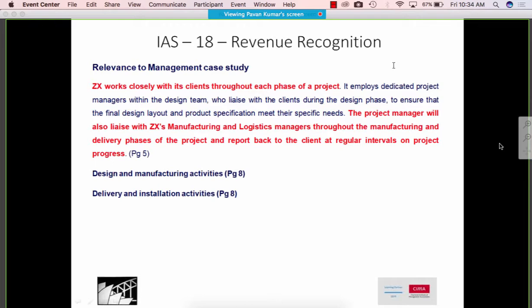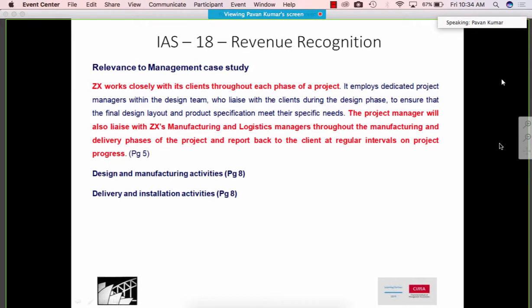Mohammed, if watch warranty is for 3 years, can we separate some portion from the watch and keep it as unearned revenue? Maybe. Yes, Muhammad, probably. So that's where I want you all to think and apply as much as you can the relevant case studies to the relevant accounting standards. And the point that you have brought up here, Mohammed, is very valid.